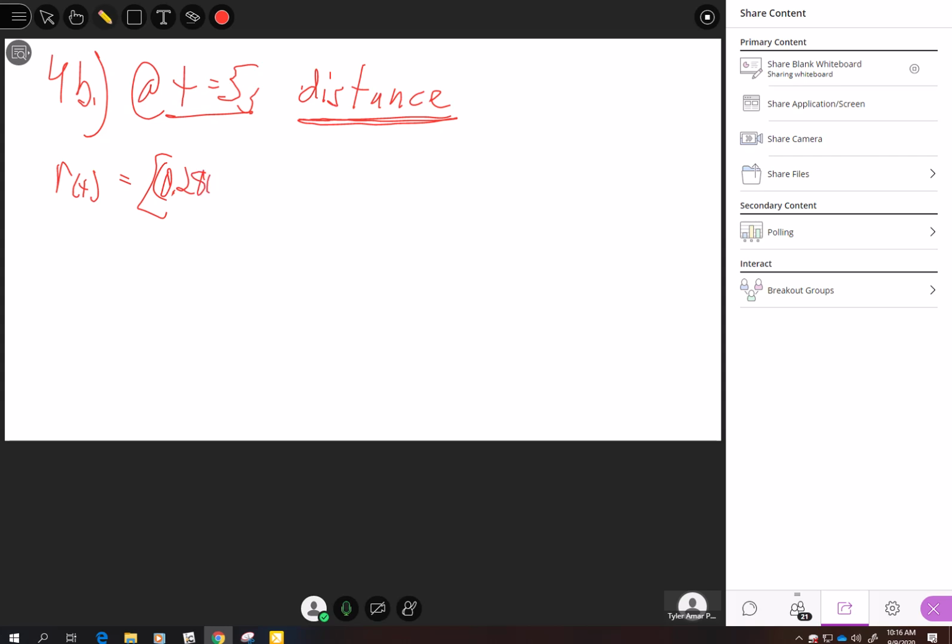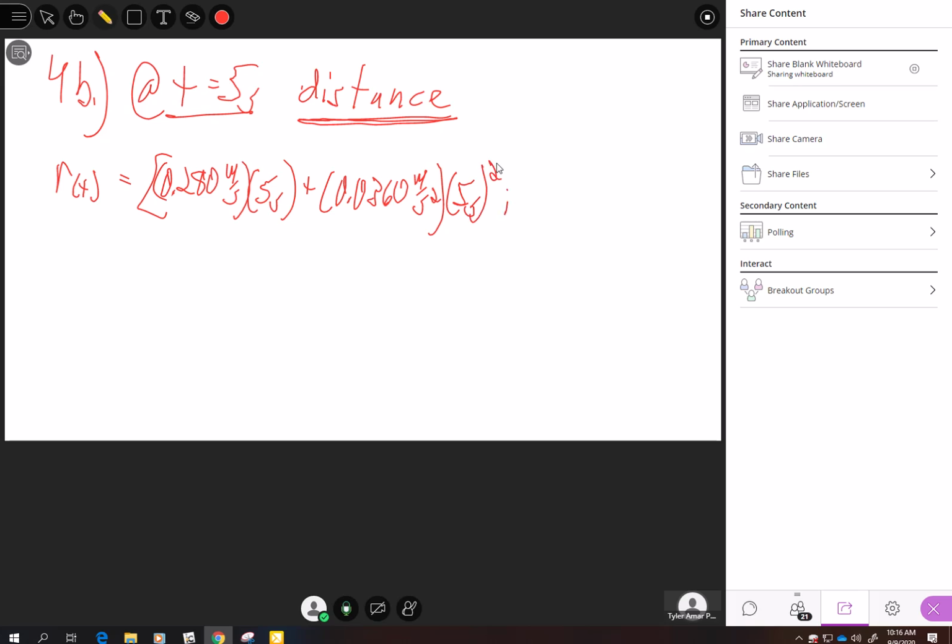0.280 meters per second times 5 seconds plus 0.0360 meters per second squared times 5 seconds squared.